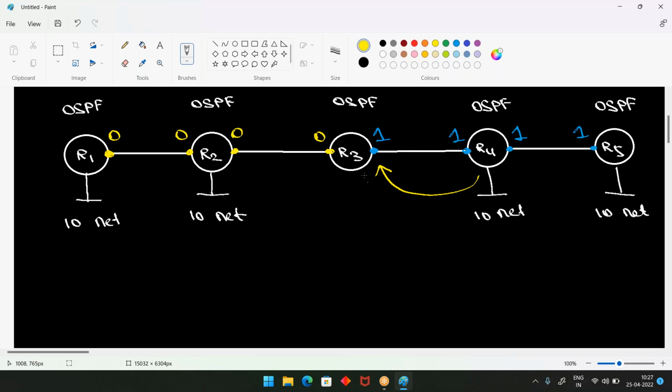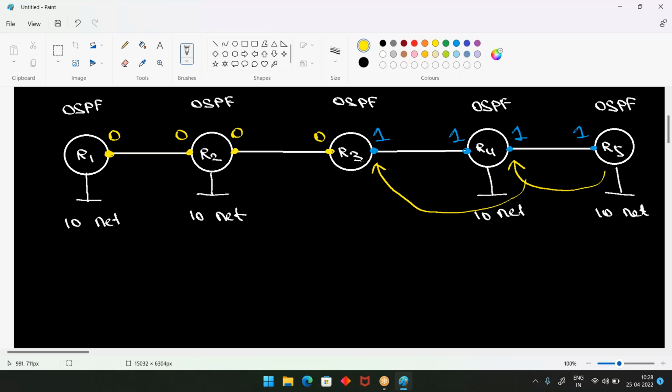R4 will share the networks to R5 as well. And R5 will share its networks to the R4 router as well as the R3 router.